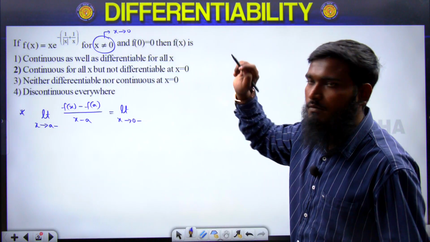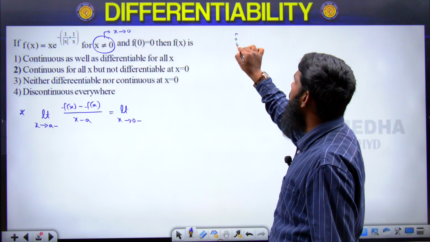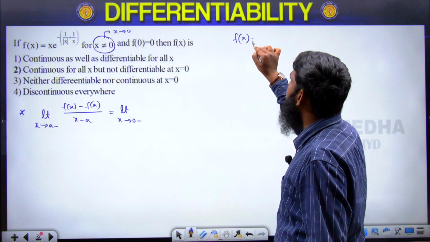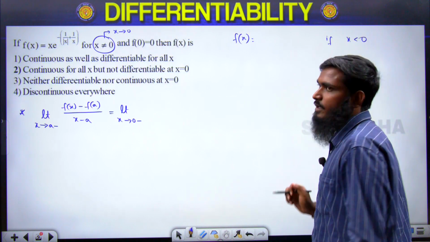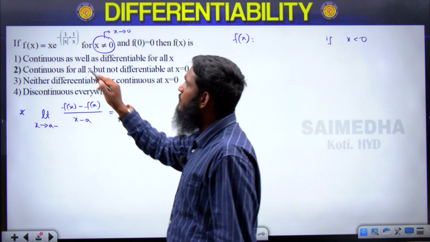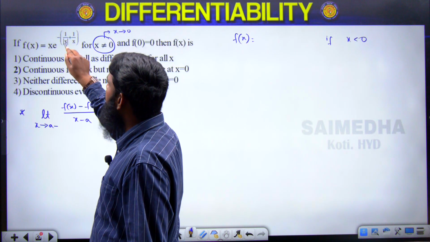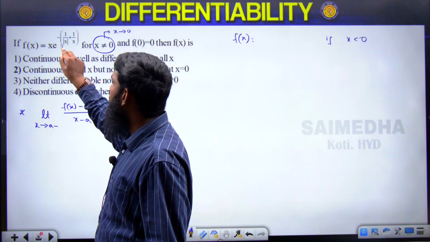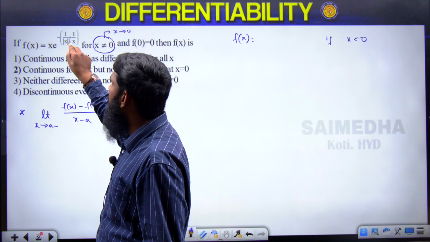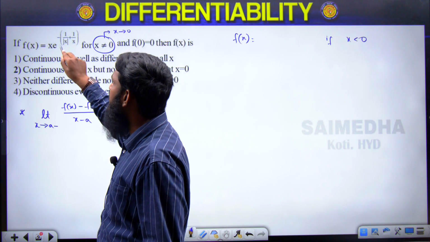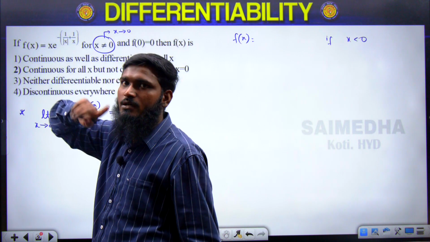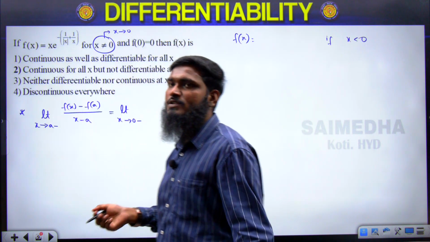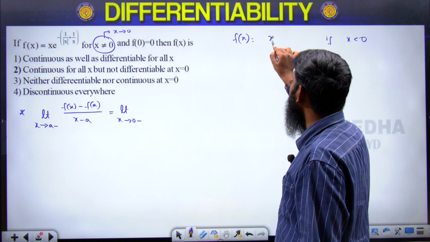As we have the mod, let us write the function. f of x is equal to, if x is less than 0, we have to take it as minus x, meaning minus 1 by x plus 1 by x; the 1 by x terms cancel, giving 0. e power 0 is 1, x into 1 is x. So we get x over here.